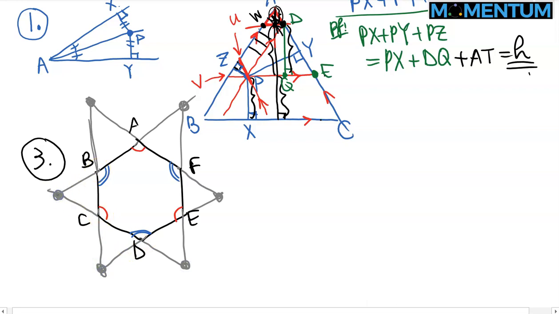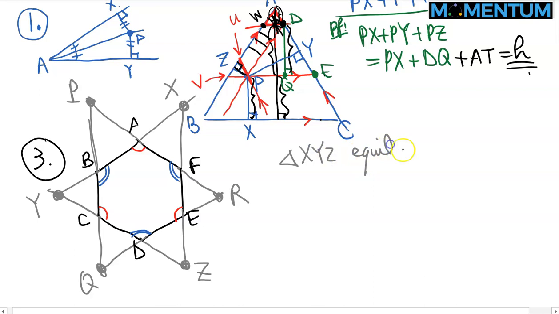Now, something very interesting happens here, right? So for instance, I can call these points X, Y, and Z, and then the remaining 3 points are P, Q, R, for instance. I claim that, so this is the third observation, triangle XYZ is equilateral, as is triangle PQR.